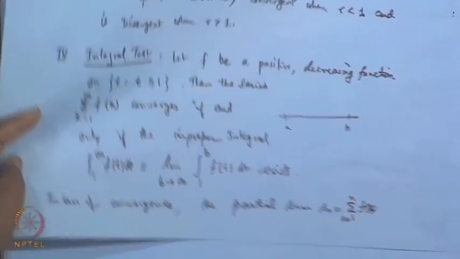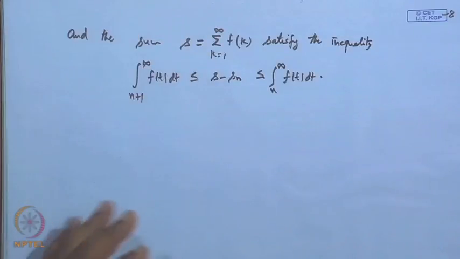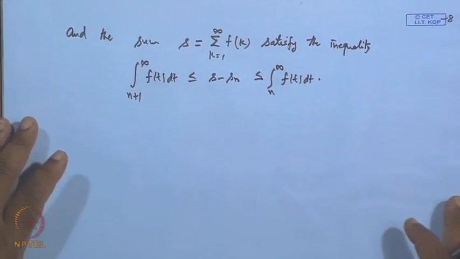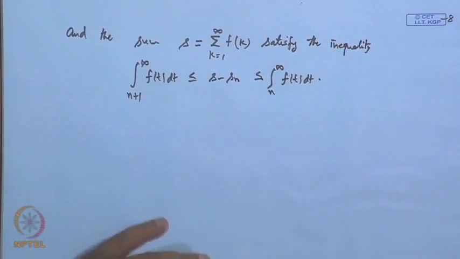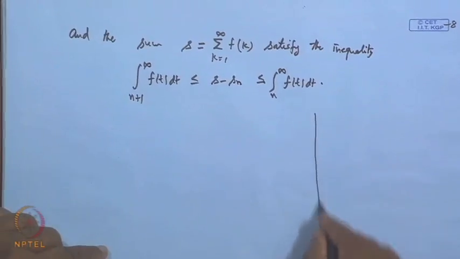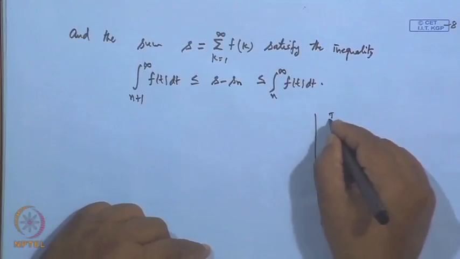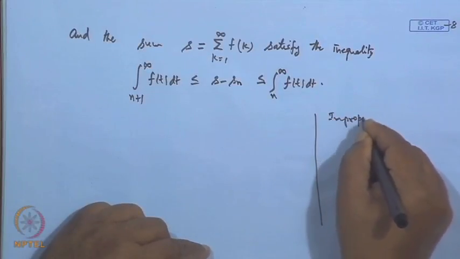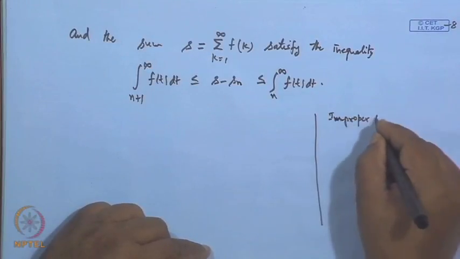Here we have two terms: the improper integral and the Riemann integrable functions. Now, what is this improper integral? Before going to the proof, let me first look at the improper integral.